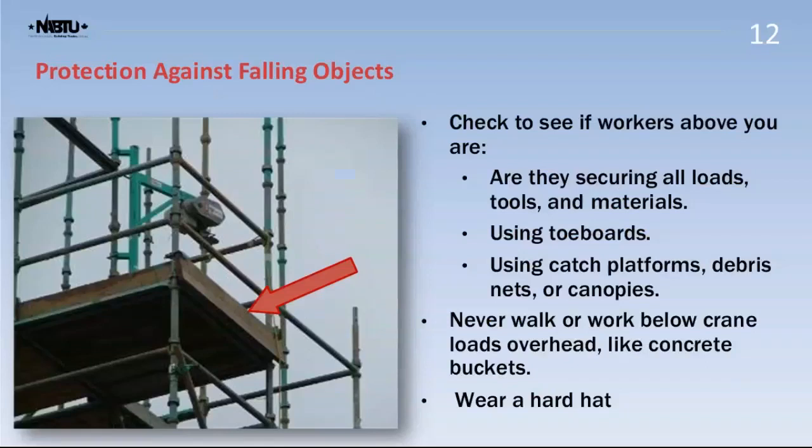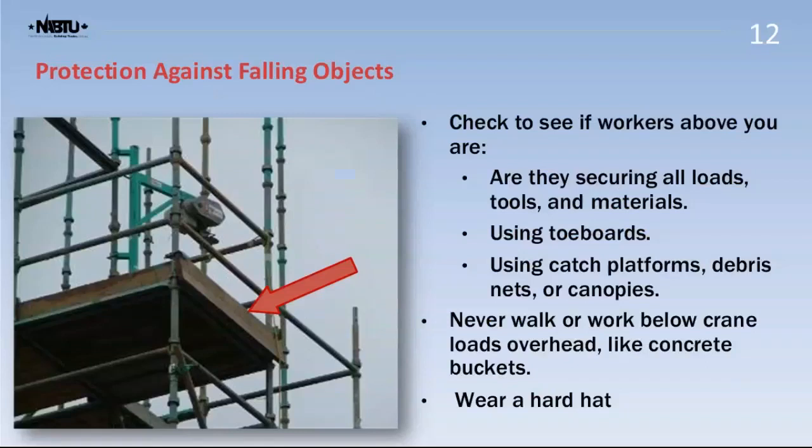As far as protection against falling objects, you want to check and see if workers are working above you. Ask yourself the question, are they securing all the loads, the tools, the materials? Or are they just kicking stuff around up there? Are they using a toe board? You can see this arrow I have pointing here. That's a toe board on that scaffold deck.